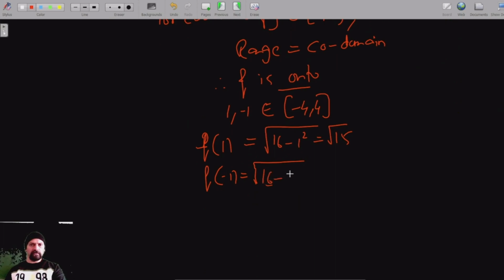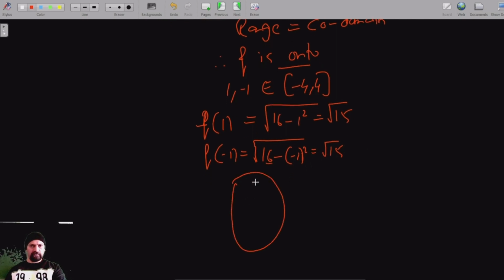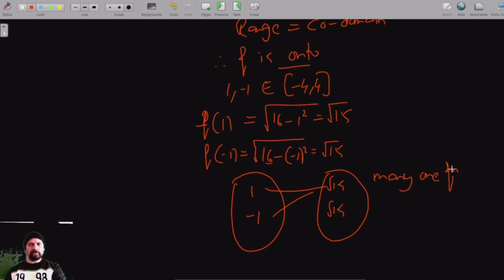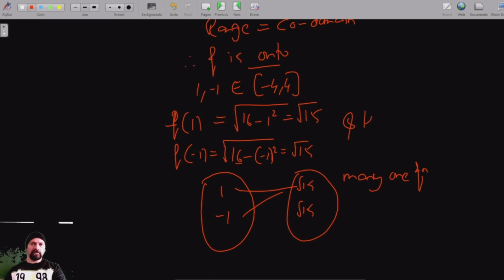And this is 16 minus minus 1 squared, which is again 15. So in the domain we have 1 and negative 1, and for both of them it's root 15. So this is a many-one function, and hence it is not a one-one function.